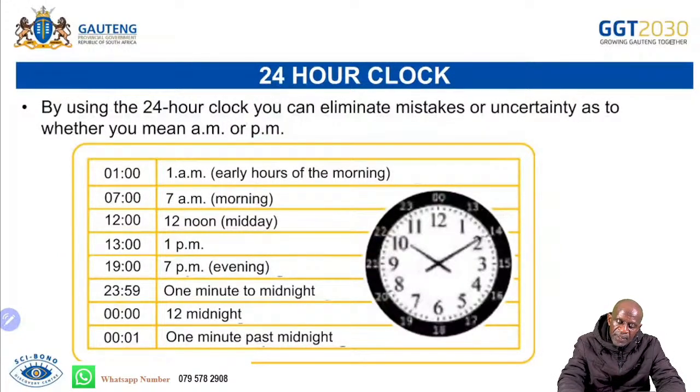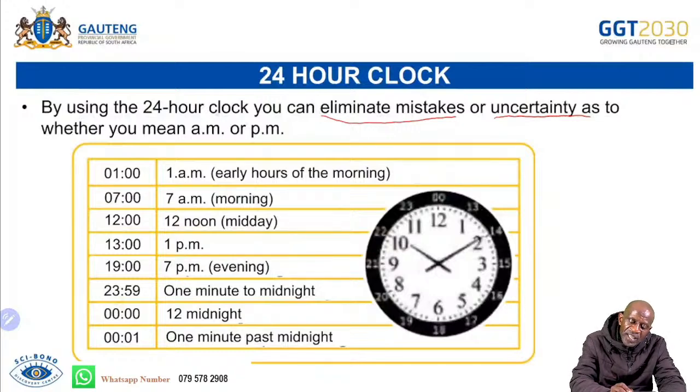Right. As we proceed with the 24-hour clock, by using the 24-hour clock, you can eliminate mistakes. That was on bullet number 2. You can get rid of uncertainties as to whether it is in the morning or in the afternoon.